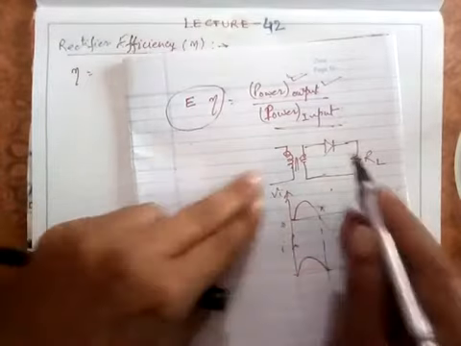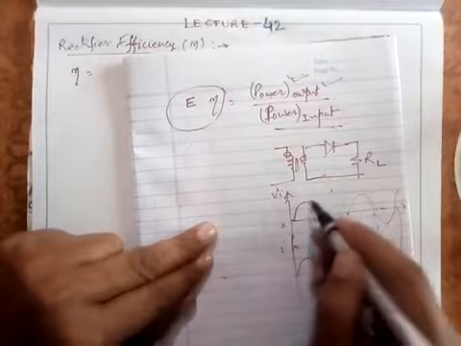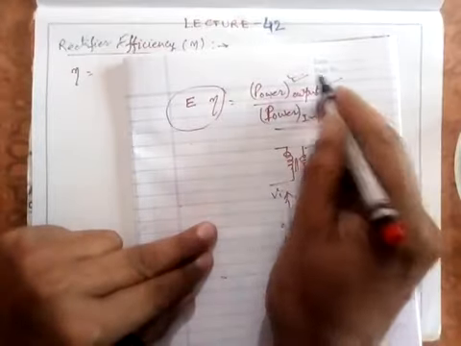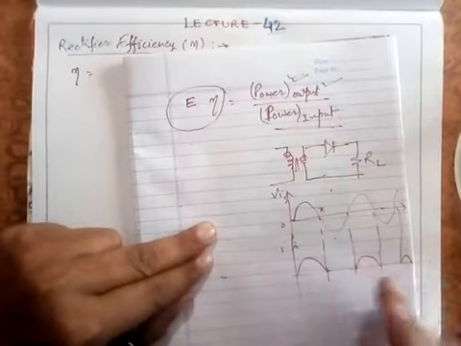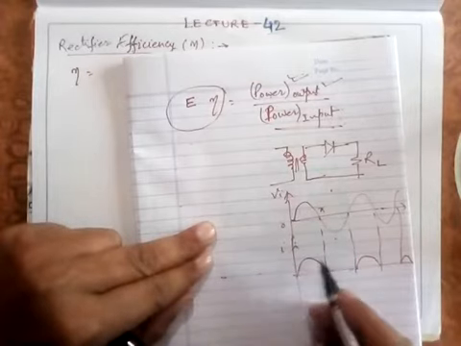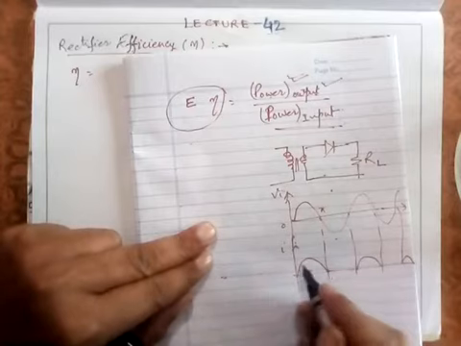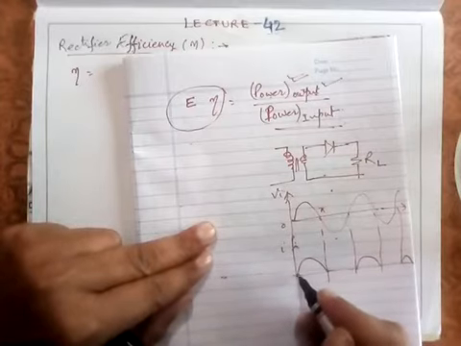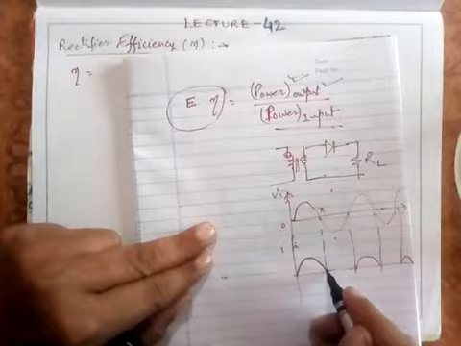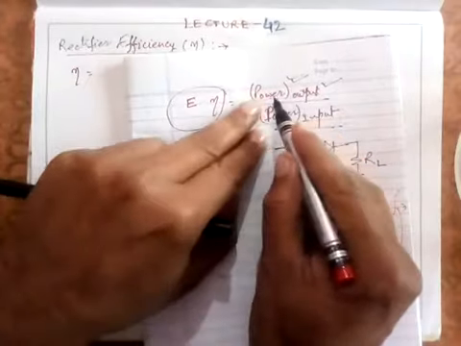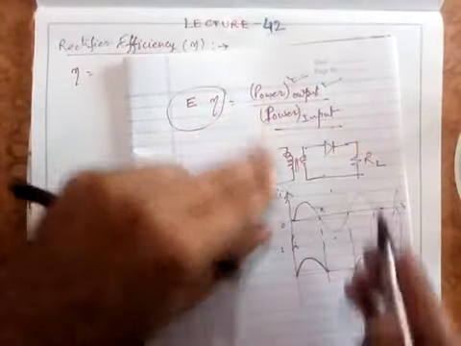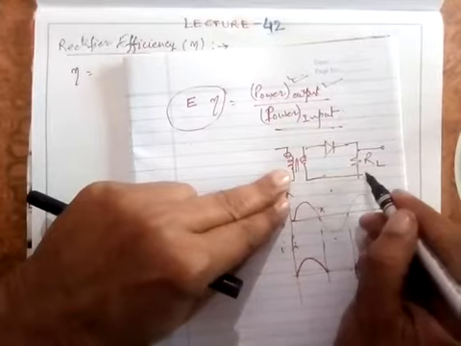Now you see that the input is AC, and the output is DC, or even I say that this output has some AC ripples also. It is not a pure DC, it is a pulsating DC. So instead of simply saying it is output power, we say that we obtain this output power here.